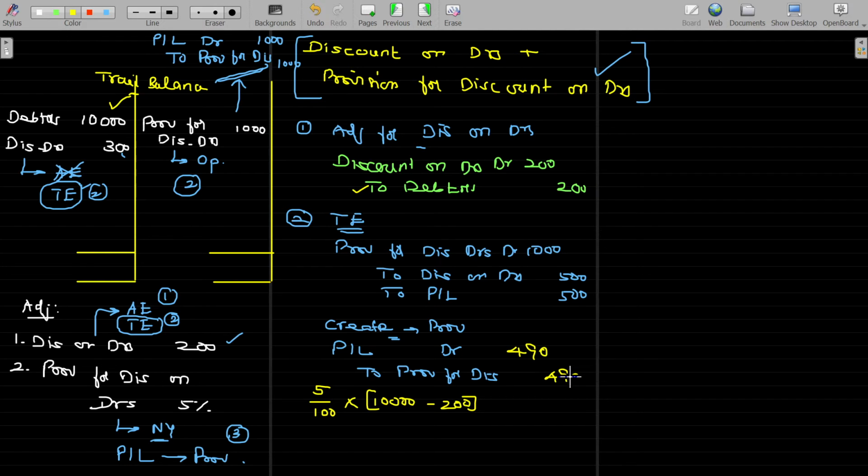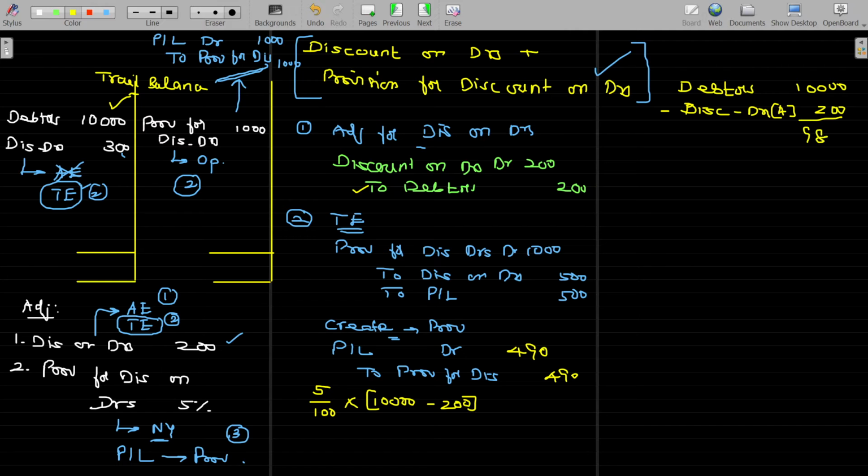You have to find that out first, and from that only 5% will be created. Or you can have this as a small working note. Debtors balance being 10,000 rupees. From there minus discount on debtors given in the adjustment, which is 200 rupees.